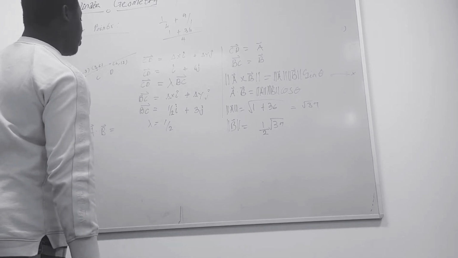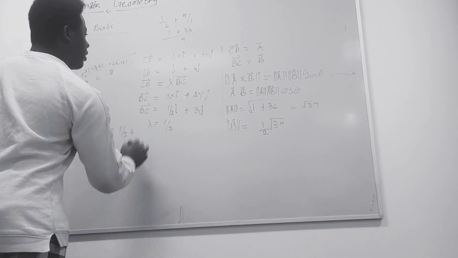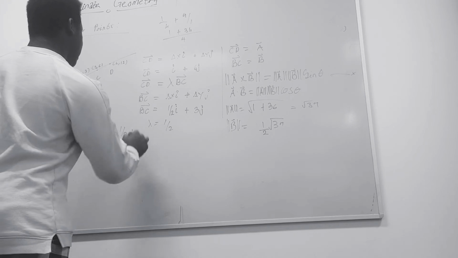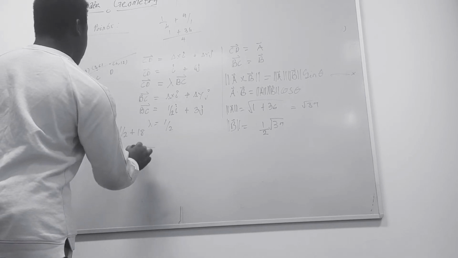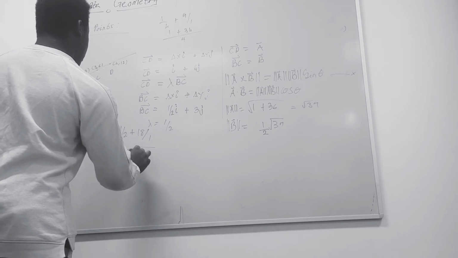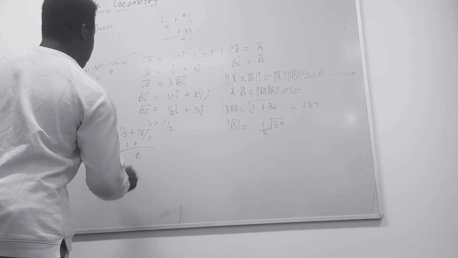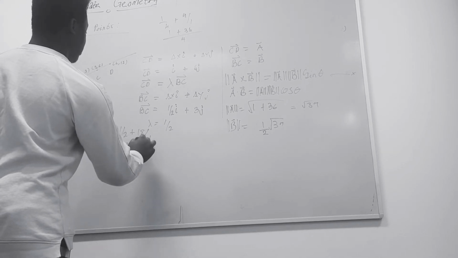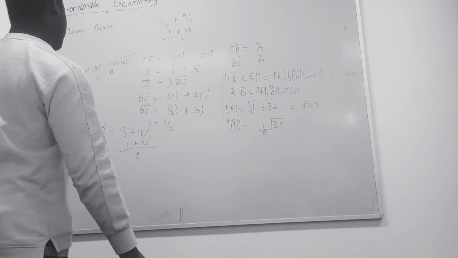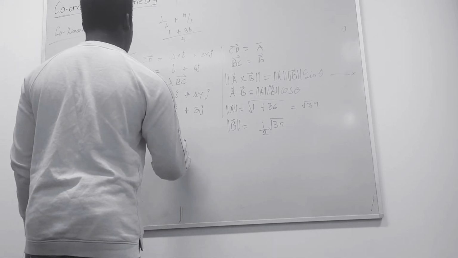So that'll be 1 times a half, that's a half, plus 6 times 3, that's 18. So you have that to be (1 plus 36) over 2, so we have 37 divided by 2.